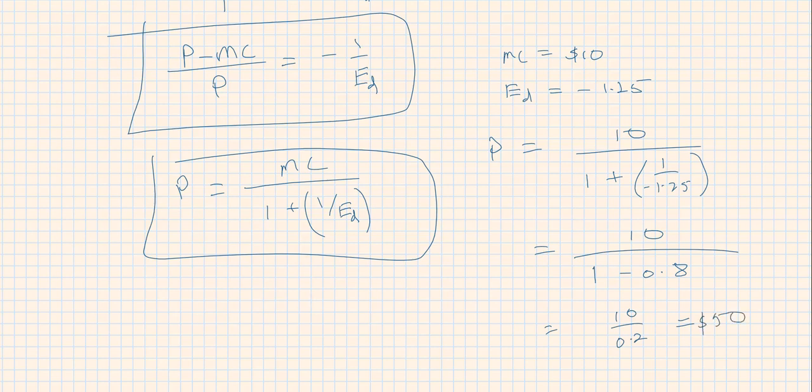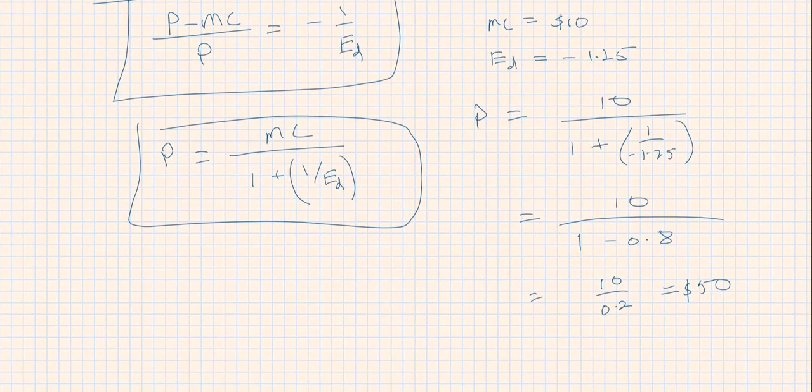So given the elasticity of demand at minus 1.25 and the marginal cost being 10, the optimal price for this product which a monopolist should charge is $50.